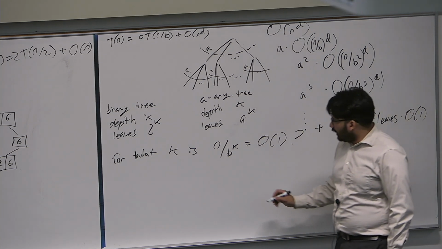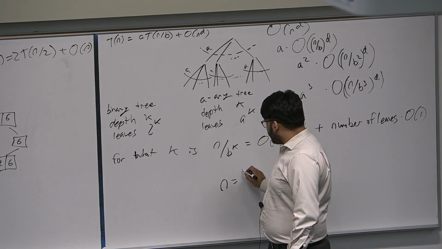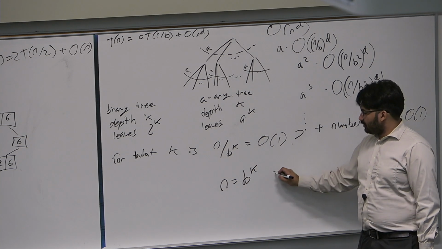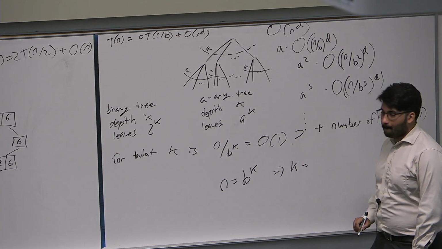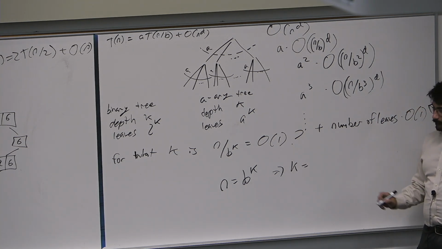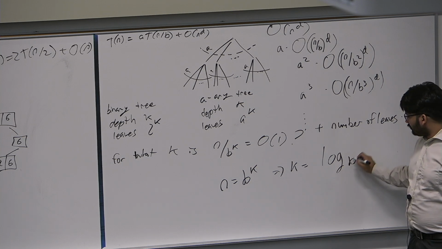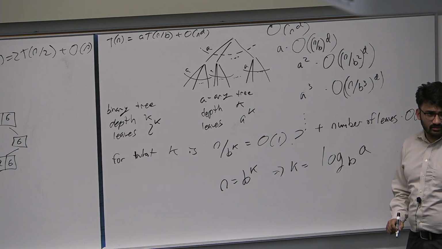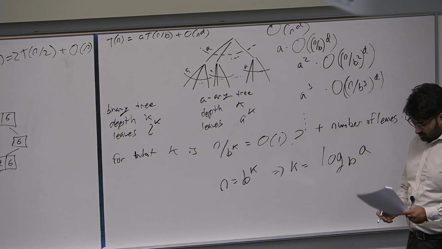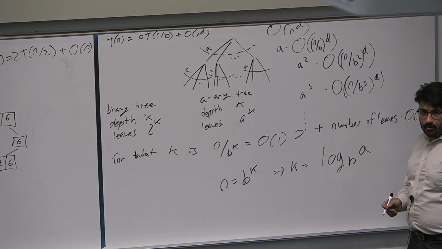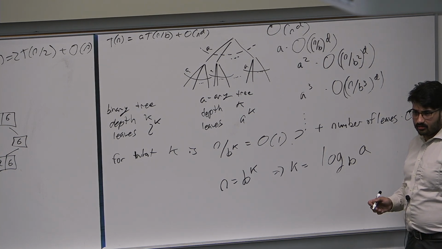I can rewrite this to say that n = b^k for what k? And therefore that implies that k is equal to what? Log base b of n, right? Is that right? Okay, so then the number of leaves is what?